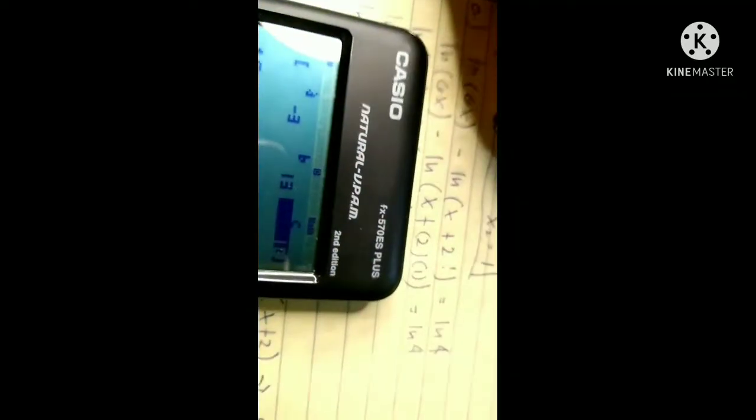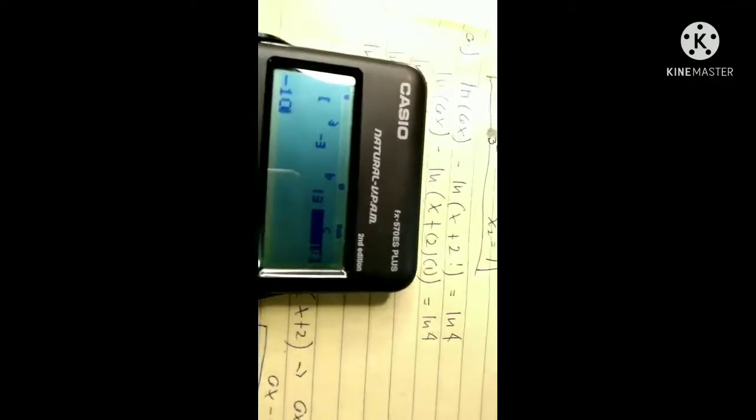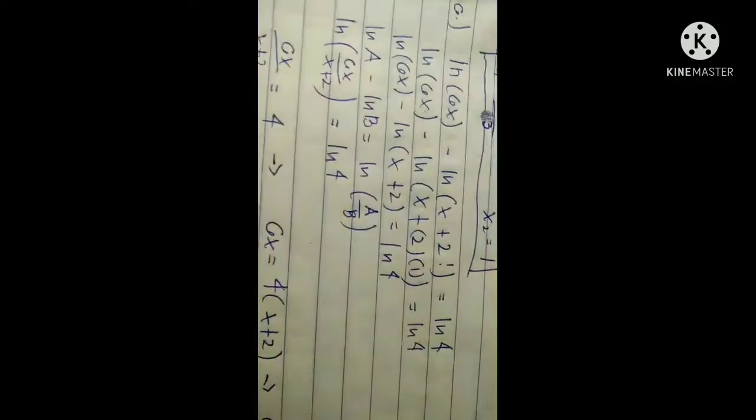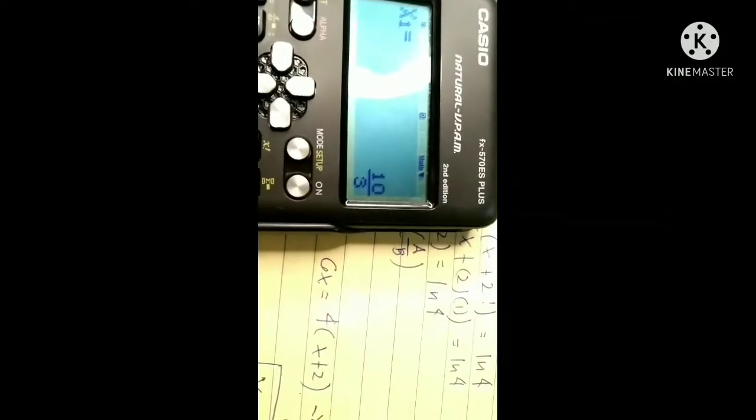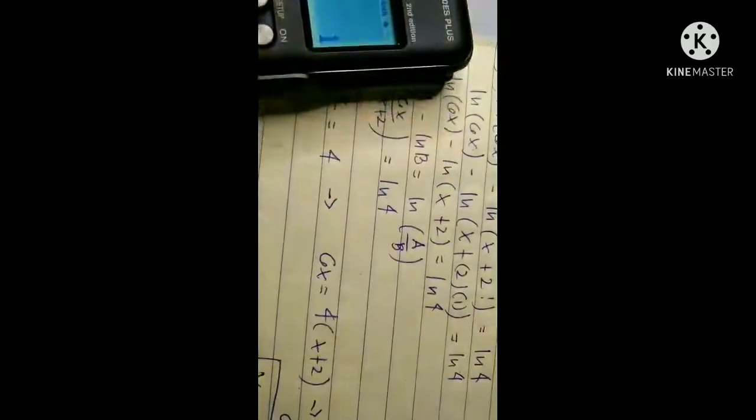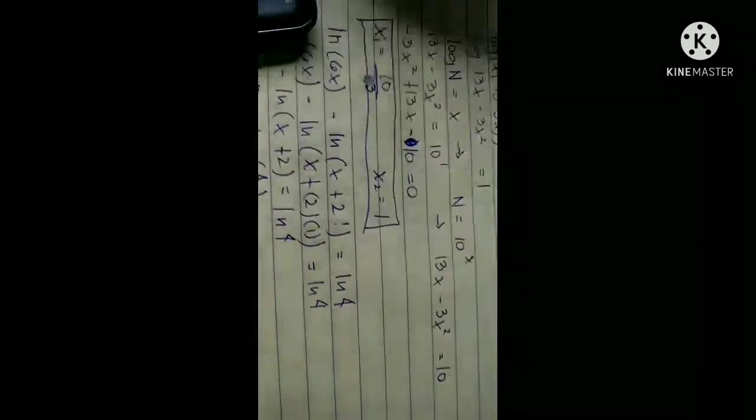Here. Wait. This is negative 10. Then our x sub 1 is equal to 10 over 3, and our x sub 2 is equal to 1. So this is our final answer.